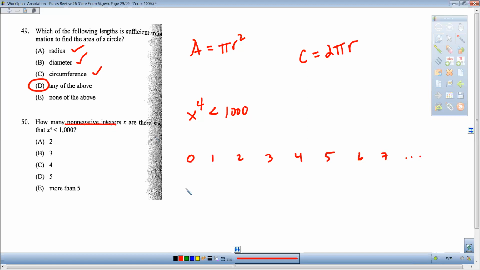So if you raise all these numbers to the fourth power, what you're wanting to do is figure out, well, how many answers stay less than 1,000?